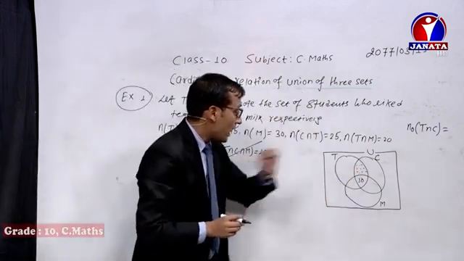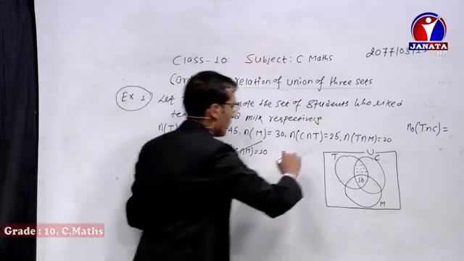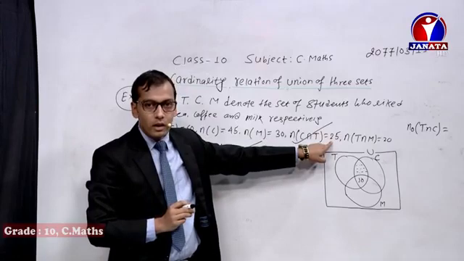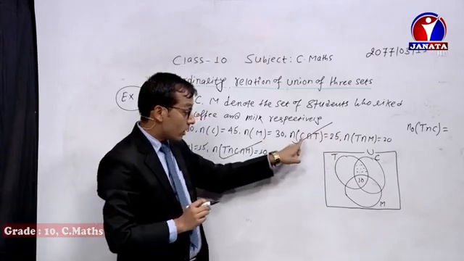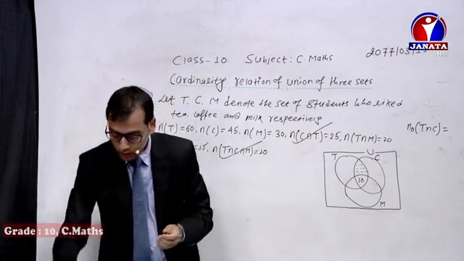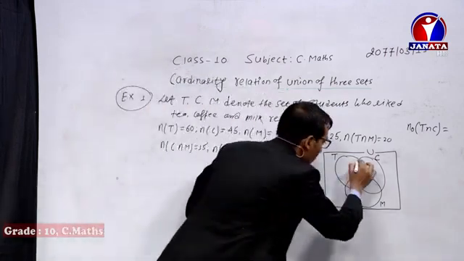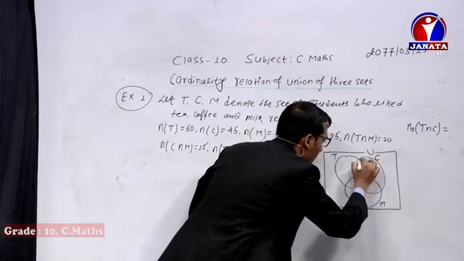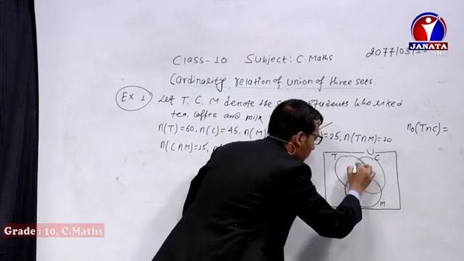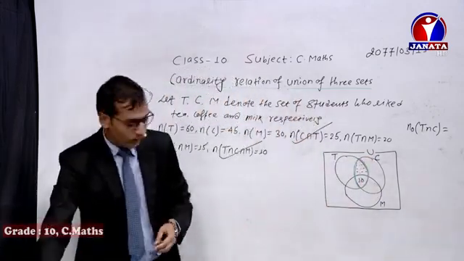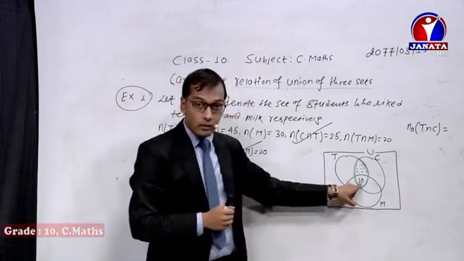So we have T ∩ C, and T ∩ C is 25, but T ∩ C includes 2 different regions in the diagram. This is the common region of T and C. But 10 is already inserted.